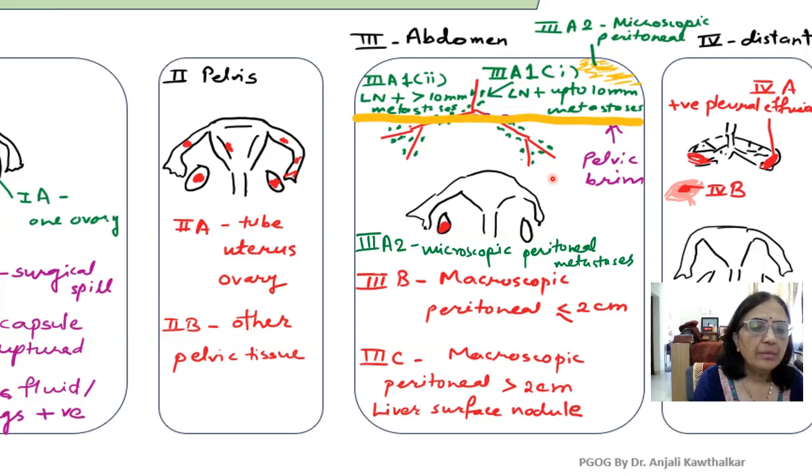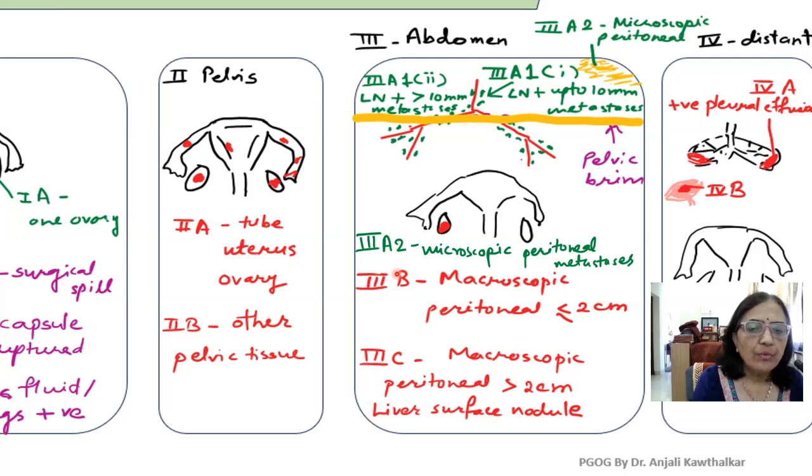If microscopic peritoneal involvement is present, then it will be stage 3A2. 3A1 is again divided into small 1 and small 2, depending on the size of the lymph node metastasis, less than 10 millimeter and greater than 10 millimeter.